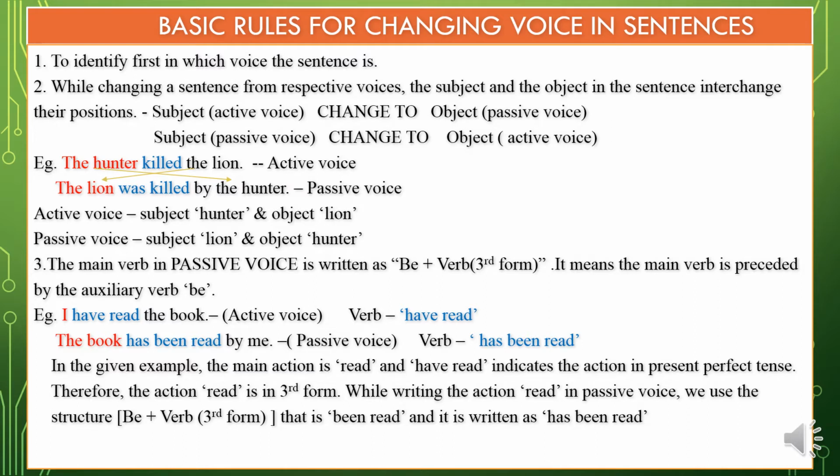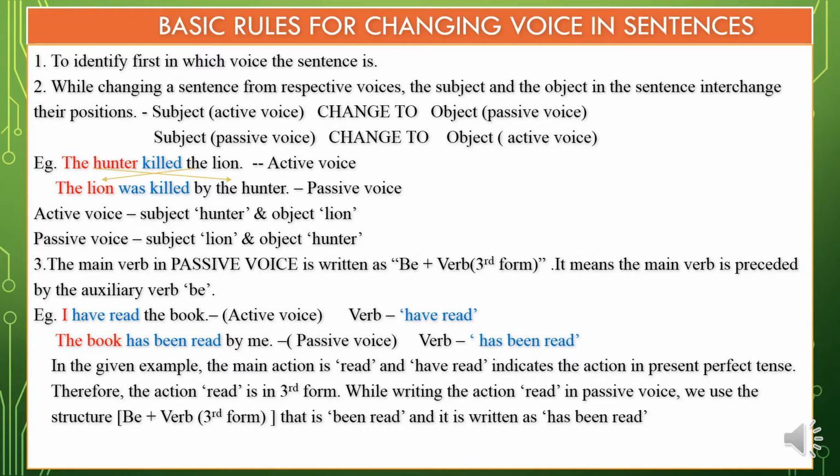On the other hand, if the subject is being acted upon, when the emphasis is on the verb, not on the subject, when the subject is not the doer of the action, then that sentence is in passive voice. So you first have to identify in which voice the sentence is, because accordingly you have to change it to the corresponding voice. That means if the sentence is in active voice, you have to change it to passive voice. If the sentence is in passive voice, you have to change it to active voice.